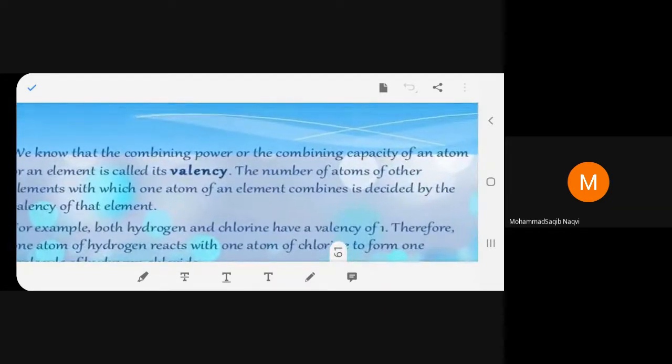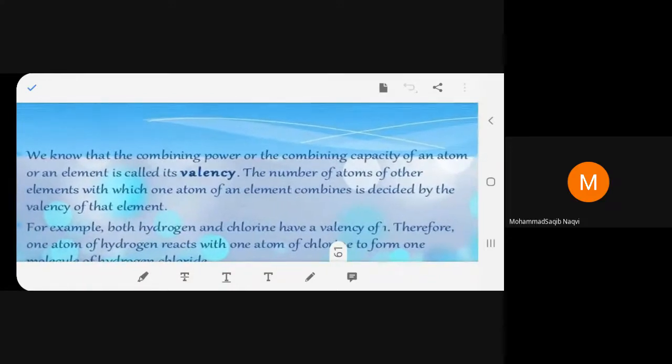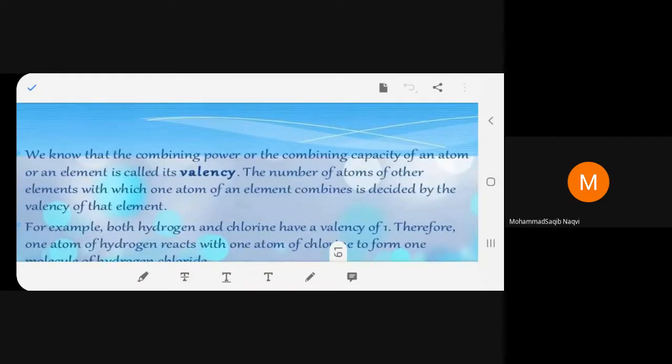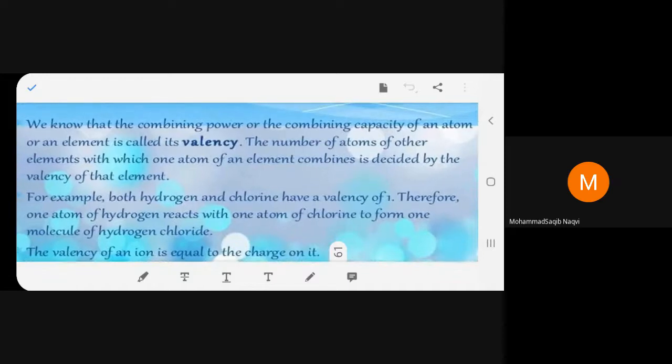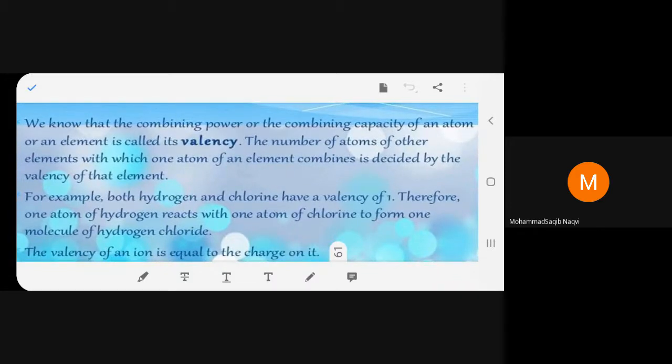What is the combining capacity that we already know? We call it valency. Please read, beta. We know that the combining power or the combining capacity of an atom or an element is called its valency. The number of atoms of other elements with which one atom of an element combines is decided by the valency of that element. For example, both hydrogen and chlorine have a valency of one.